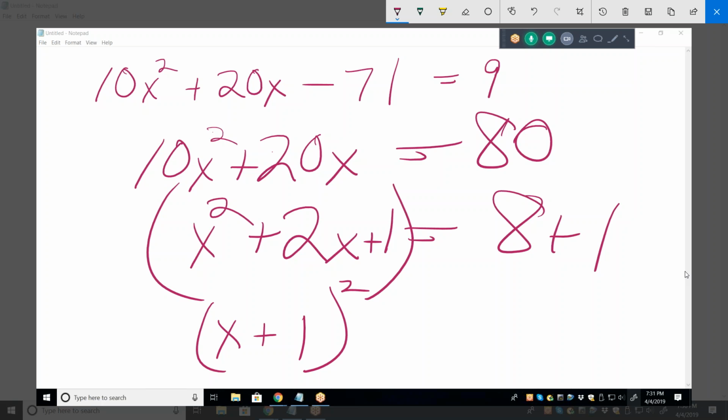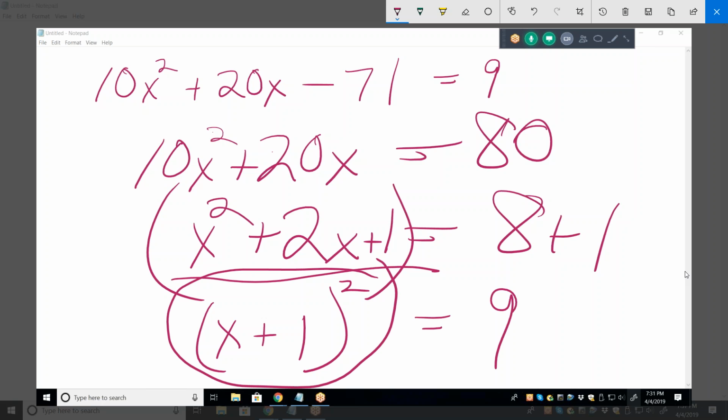Whatever you got when you took half of that coefficient, that's what goes there. So this whole thing can be written like this, which is wonderful because there's a lot of formats that are like vertex format. And even if it's not vertex format, I can solve it.